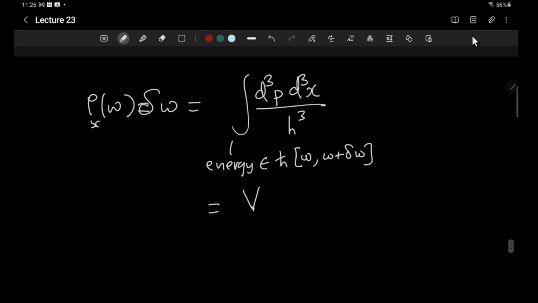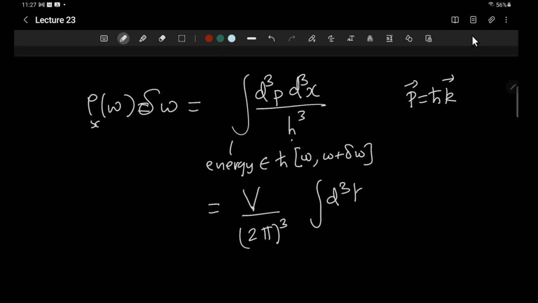Since p equals h bar k, I can convert this integration as follows: since p is h bar k, I need to divide and multiply by 2 pi cubed. Is this okay? The energy condition is still there.